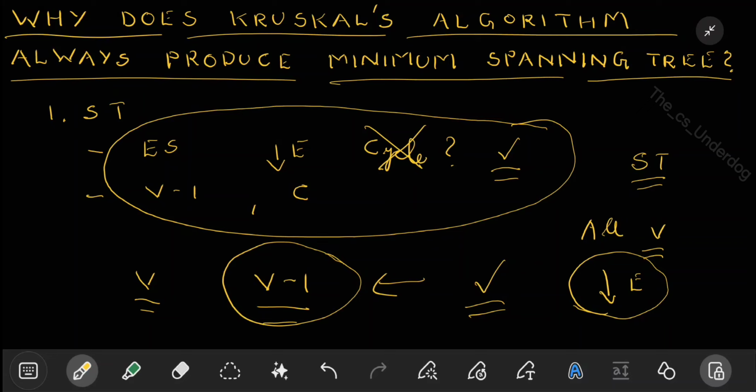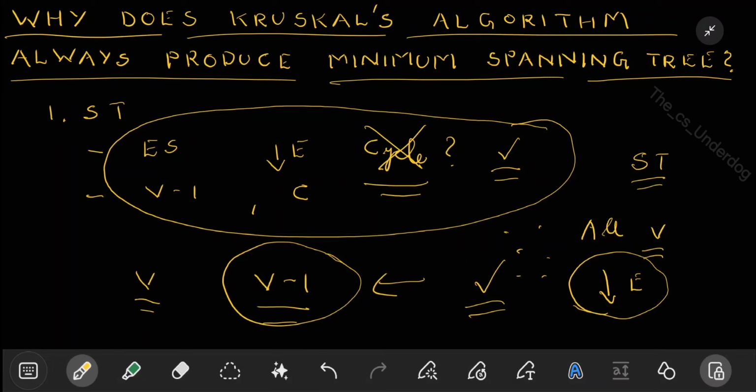Why is it? Because you know that there are V minus 1 edges, and you know that these edges are connecting all the vertices of a graph. So if it is connecting all the vertices and it doesn't have a cycle, that means it has to be a spanning tree.